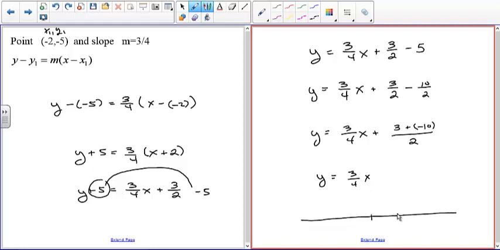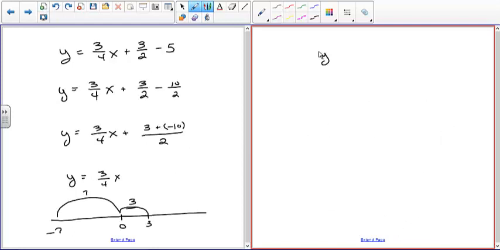If I started at 3 and subtracted 10, that means I go 10 to the left. First I go 3 to the left, which gets me to 0. That leaves me with 7 more, so I go to negative 7. So this is 7, this is 3, and 3 plus 7 is 10. It's kind of a new way of thinking about subtraction.